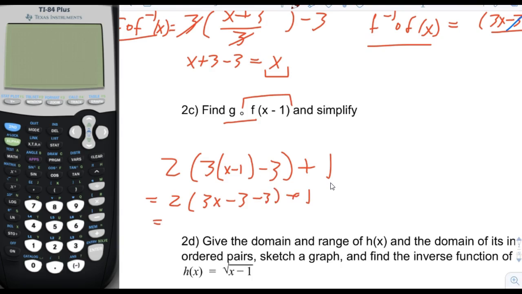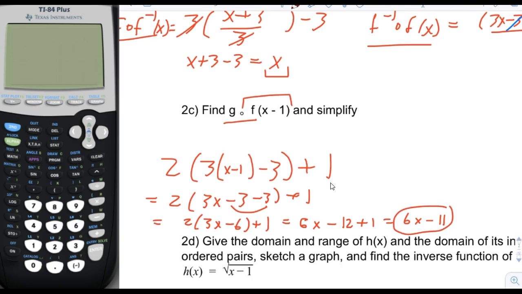Now I'm going to multiply out the 2, and I'm going to put these together. I'm going to get negative 6. So I have 2 times 3x minus 6 plus 1. Now I'm going to distribute the 2. I'm going to get 6x minus 12. 6x minus 12 plus 1 is equal to 6x minus 11.